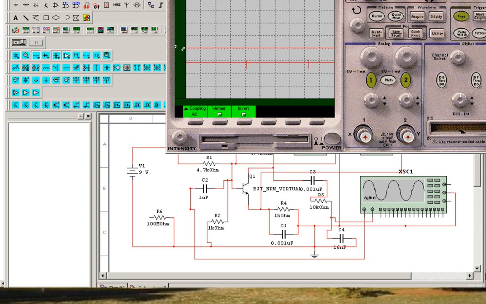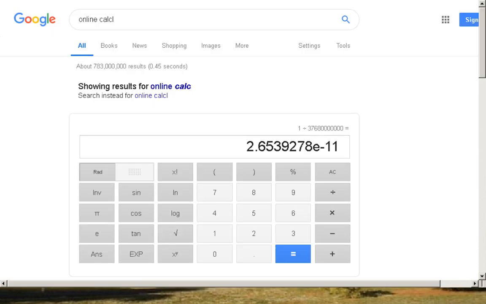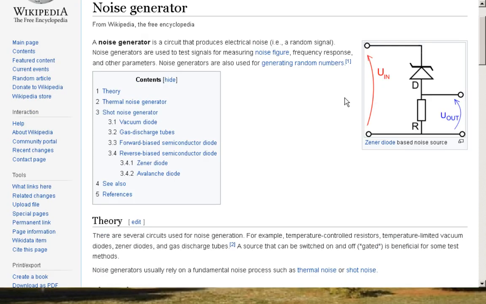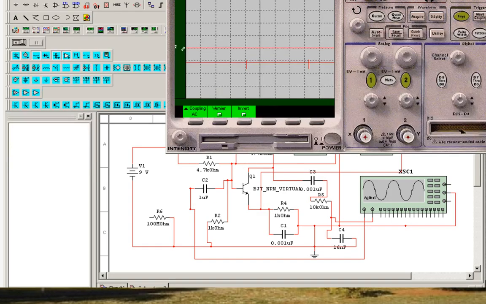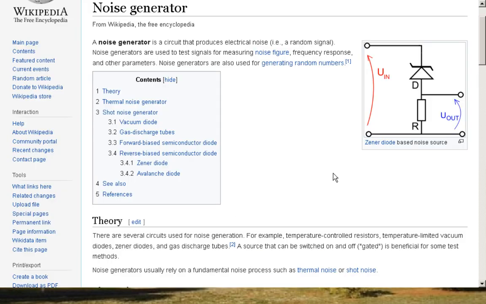Now, when we go back to, there's a Zener diode. Let's put that in there and see what happens. Wait a minute, what did that look like? Probably just a DC voltage.